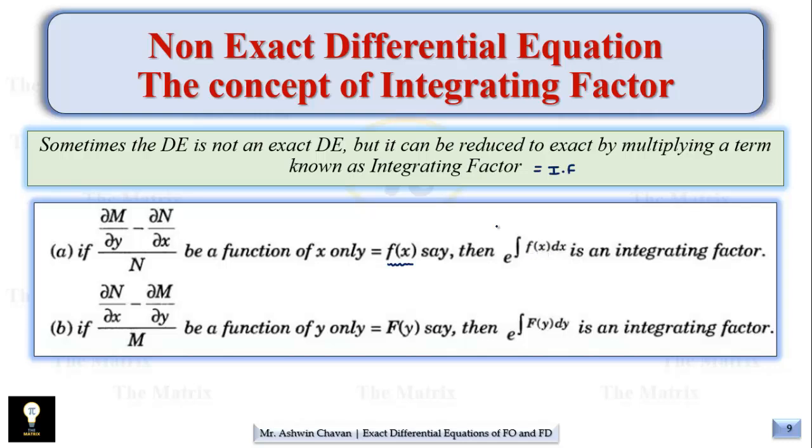But if we divide it by M and the result is a function of y, then the integrating factor is e to the power integral of f(y) dy. These are the two methods we will see in today's lecture. If we multiply the given non-exact differential equation by this integrating factor, the resultant differential equation becomes exact. Now we will see a few examples.